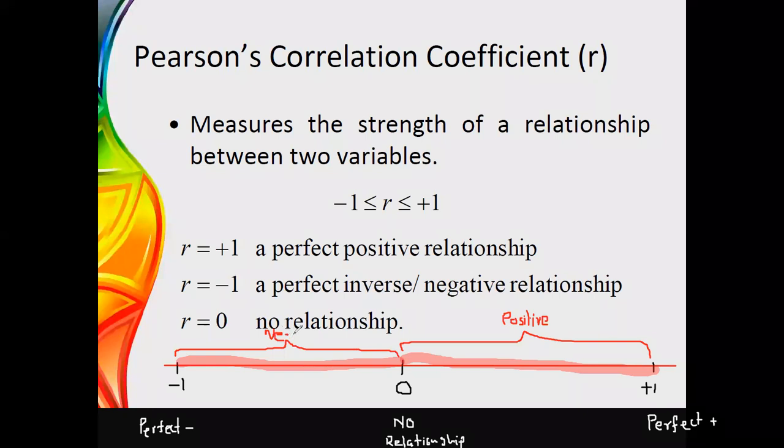Between 0 and 1, I will divide this into three regions. I am considering the values 0.3 and 0.6.